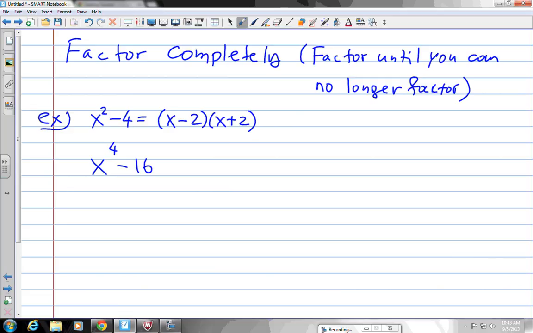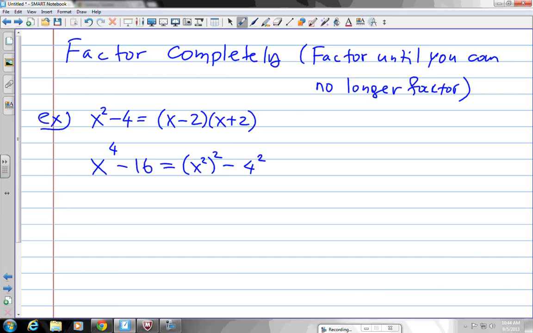How would you proceed factoring? Because every time you see an even power, you can think of this as something squared. I can think of x to the power 4 as what squared? X squared squared. So you don't have to write this down, but I can think of this in those terms. It's x squared squared minus 4 squared, right? That's a difference of two squares.